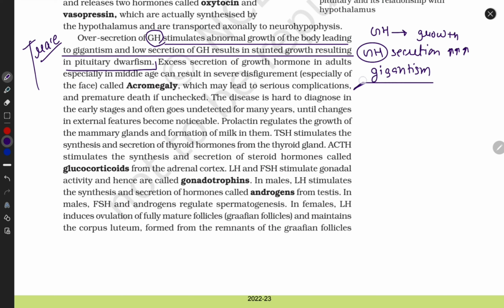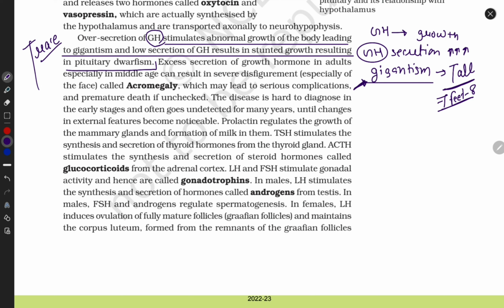A person who suffers from growth hormone excess is tall in height, approximately 7 to 8 feet. Alright.